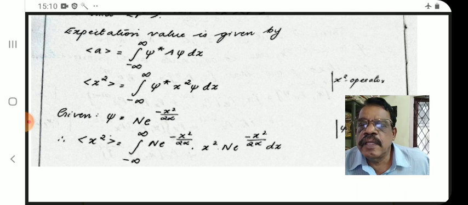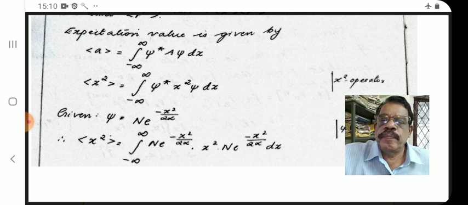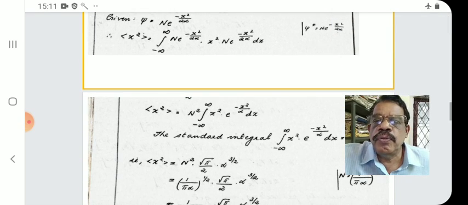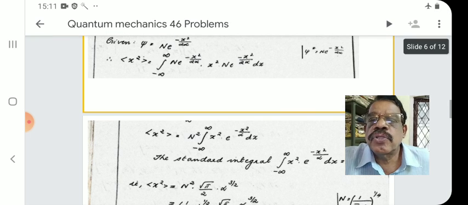That is, the expectation of x square is the integral from minus infinity to plus infinity of N e raised to minus x square by 2 alpha into x square operator N e raised to minus x square by 2 alpha dx.